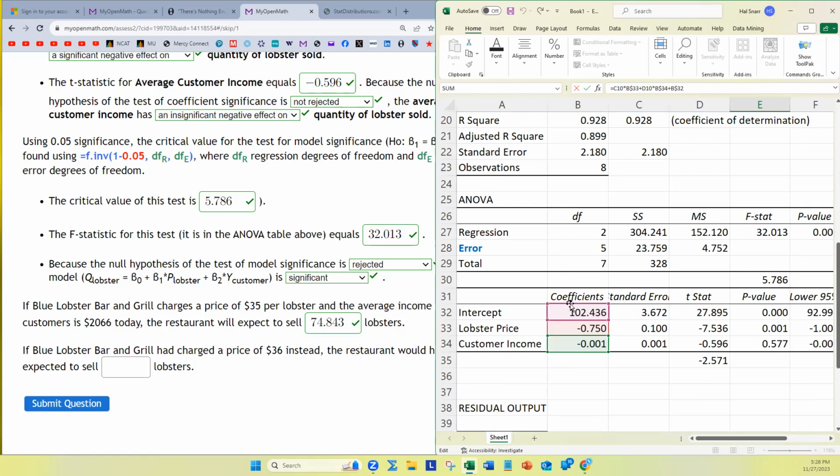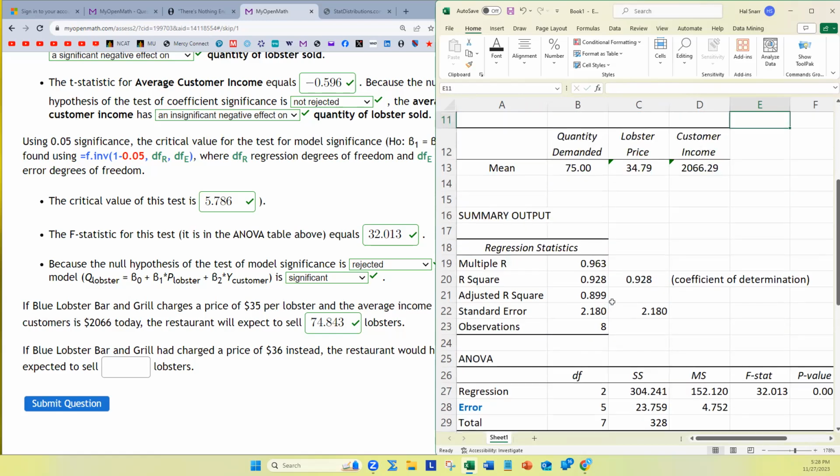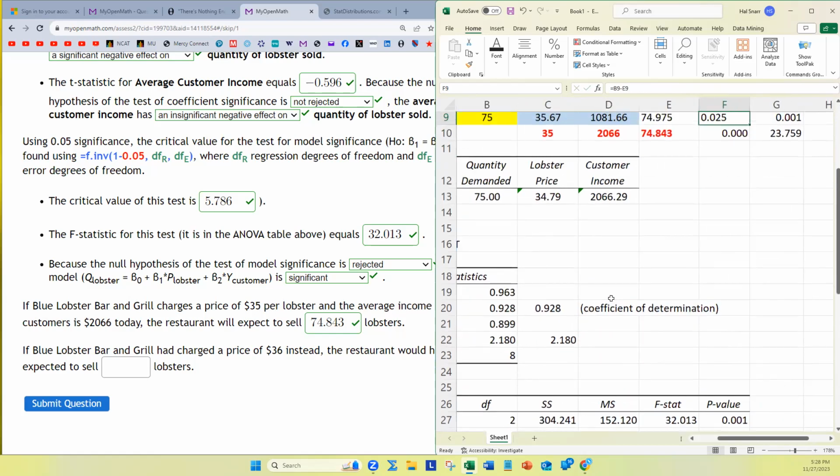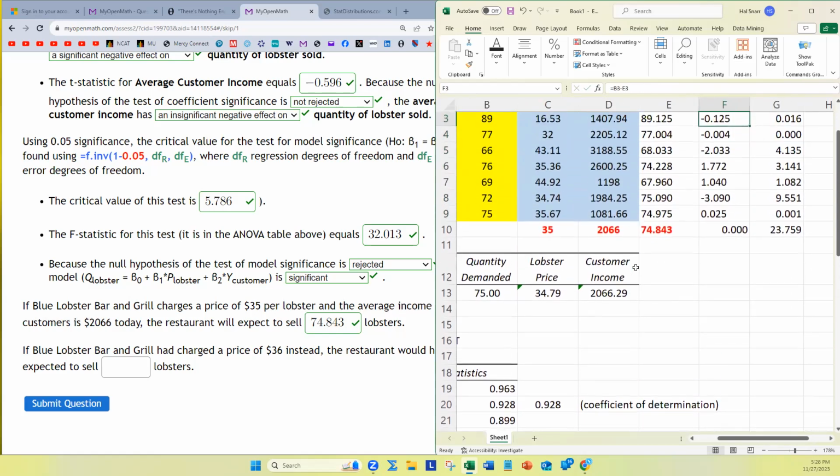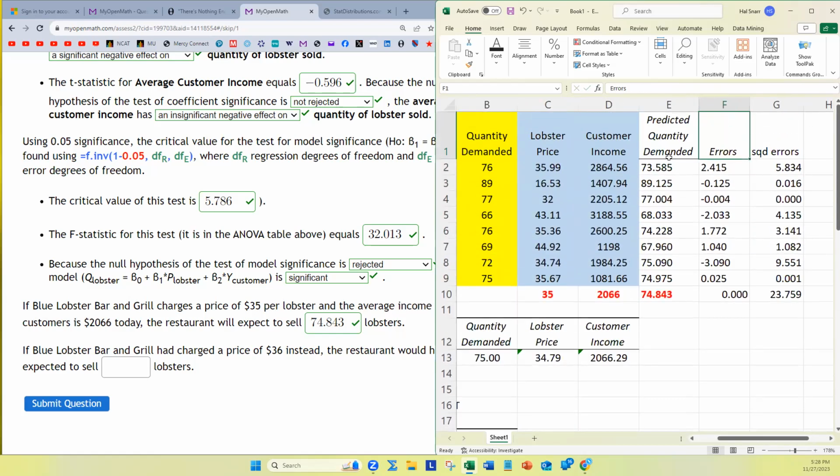So you take the lobster price times this coefficient, customer income times this coefficient, plus the estimated intercept, right? Okay, you got it? It should look pretty close to the other numbers.